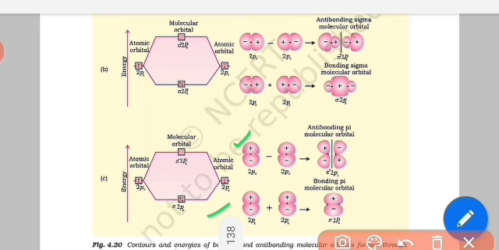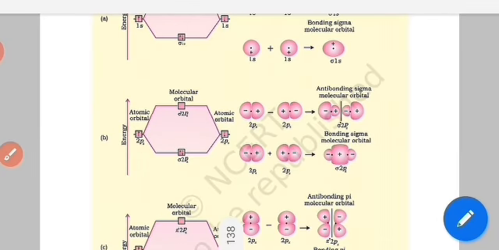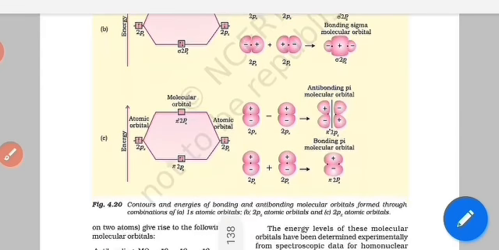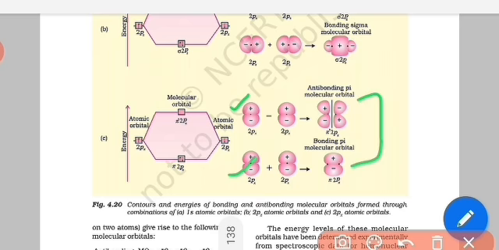The molecular orbitals that we get from s atomic orbitals and pz atomic orbitals are called sigma, and molecular orbitals formed by combination of px or py are called pi.